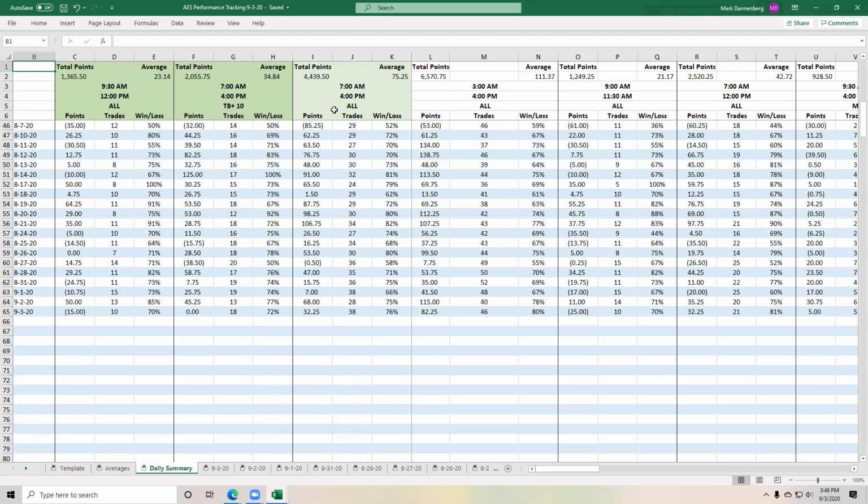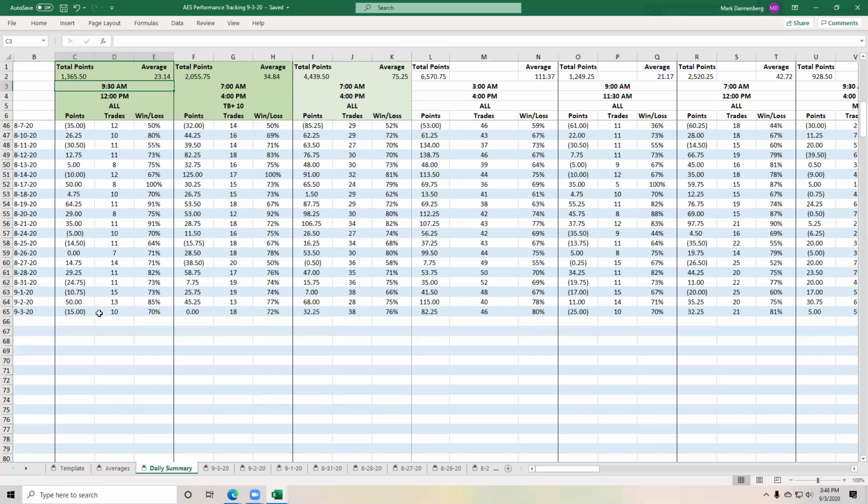Now, we're not using that one to project out. We're using the category from 7 to 4, where we track trend bias and continuation trades, and the category from 9:30 to noon, all signals: any of the trend bias, continuation, consensus, or momentum signals.